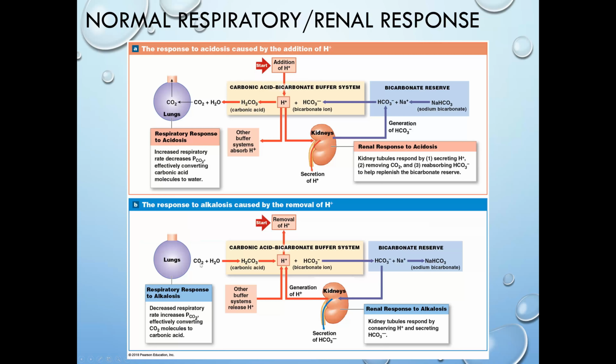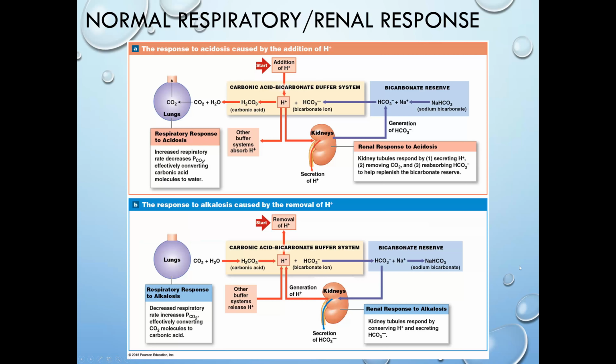As that CO2 builds up, it can be combined with water to make carbonic acid, and then the carbonic acid can provide us with more hydrogen ions. Buffers can also release their hydrogen ions, and the kidney can secrete bicarbonate ions and conserve hydrogen ions to also add to the hydrogen ion supply, and that will help to lower the pH back to normal.